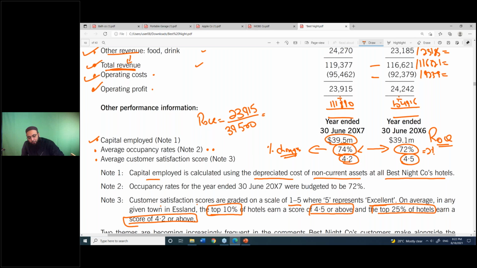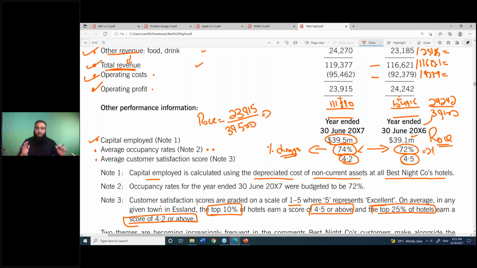So this is the return on capital employed for 20x7, and a similar working you can do for 20x6, which is 24,242 divided by 39,100. I'm just showing you the calculations first, so that once I move on to the answer slides, we don't have to bother about the calculations.